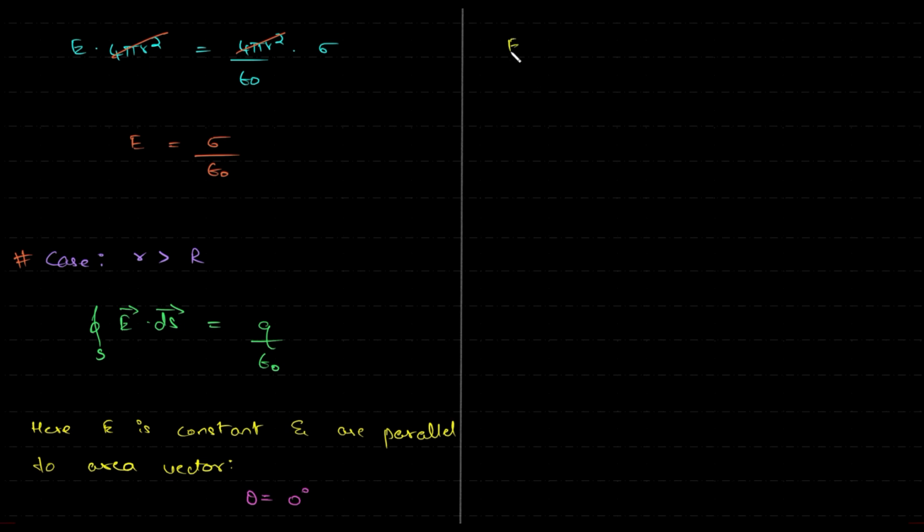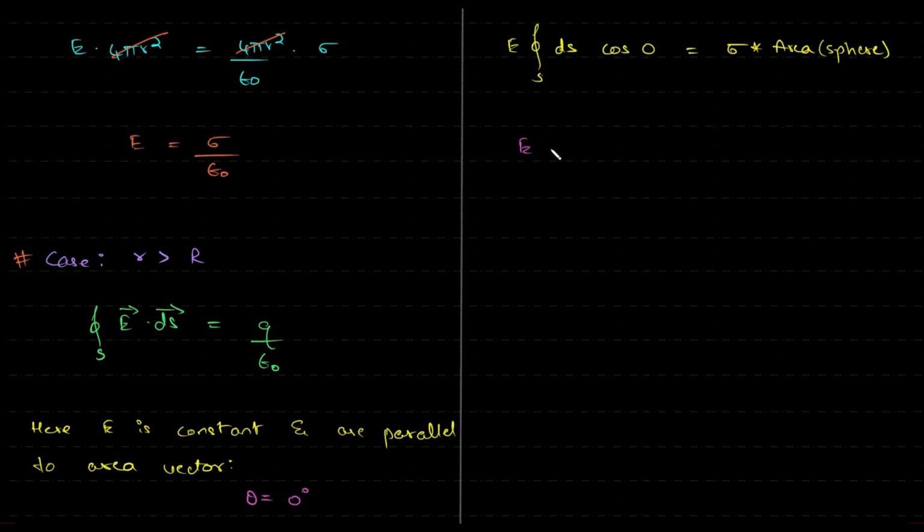And therefore we have E integration of ds cos 0, which is equal to, here things will change. How will it change? We have the density into the area of the sphere, not the Gaussian sphere, the charged sphere.